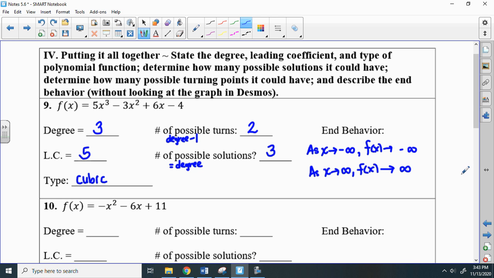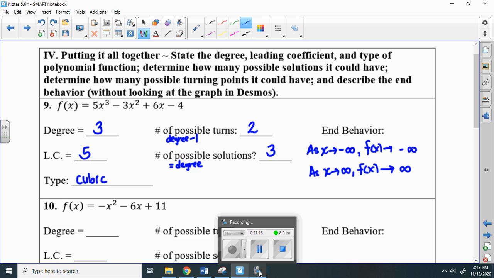Now, you're welcome to check it in Desmos, but you should try to learn the patterns, okay? So here is where I'm going to pause the video, and I'm going to take a minute and fill in the other answers, and then you should pause it as well, come back and check your work.